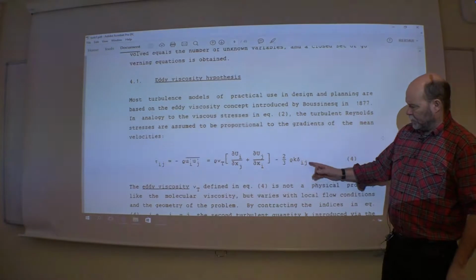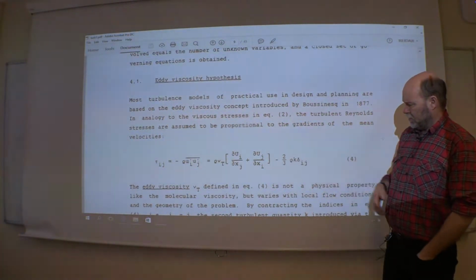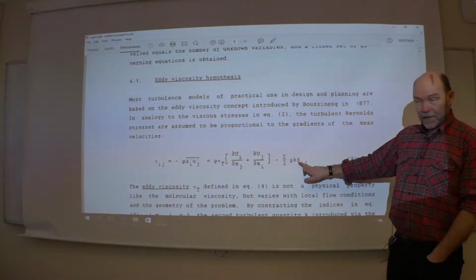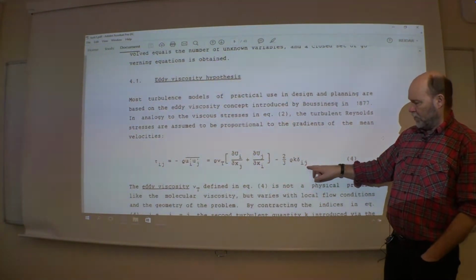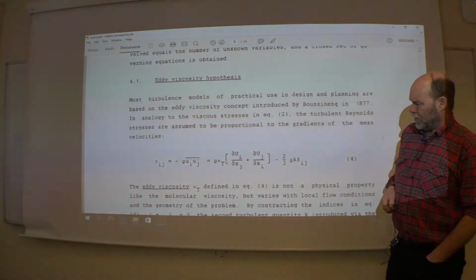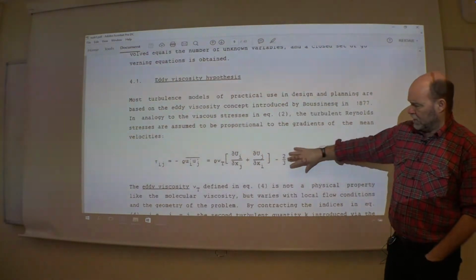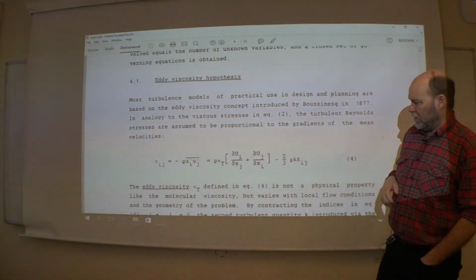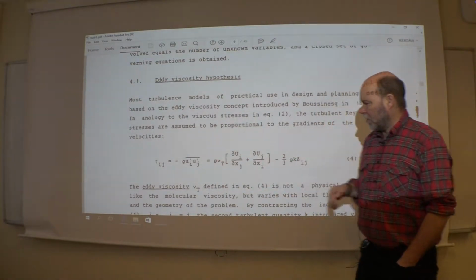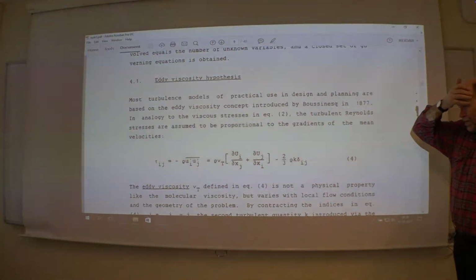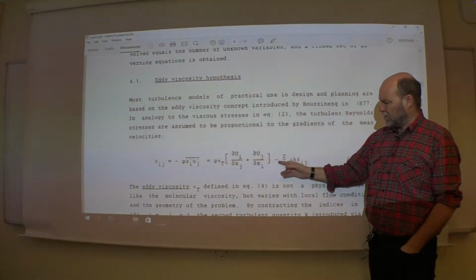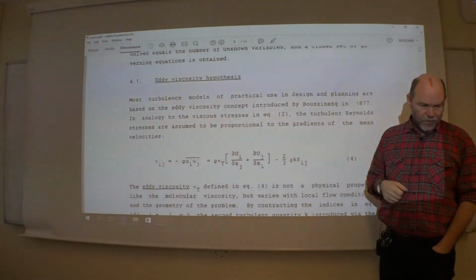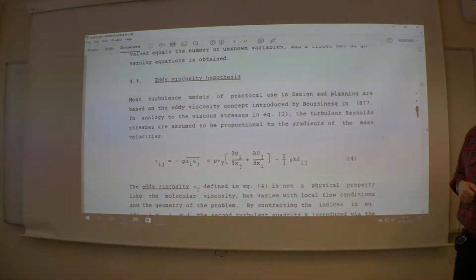We have an additional strange thing here. You have a Kronecker delta, which equals 1 when i equals j, 0 else. Why do we have him? Well, he has to be there for the expression here to be correct. This one normally doesn't introduce any problems.